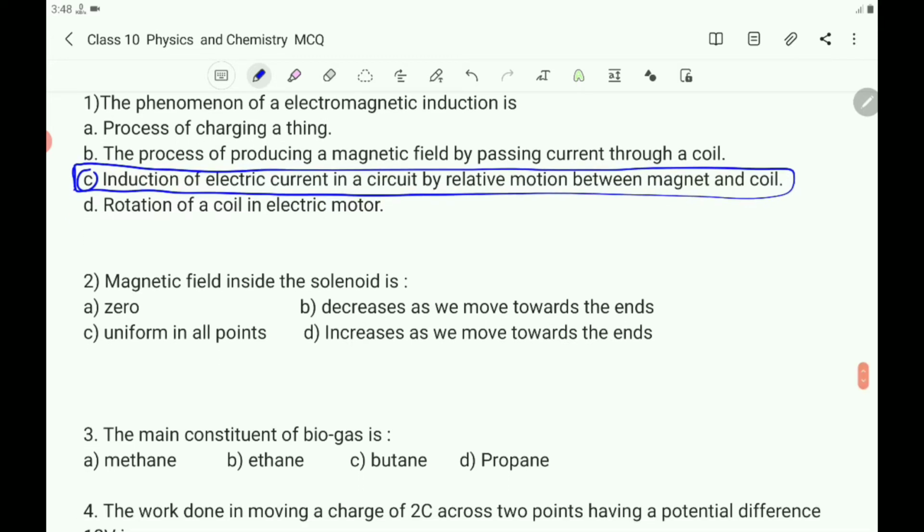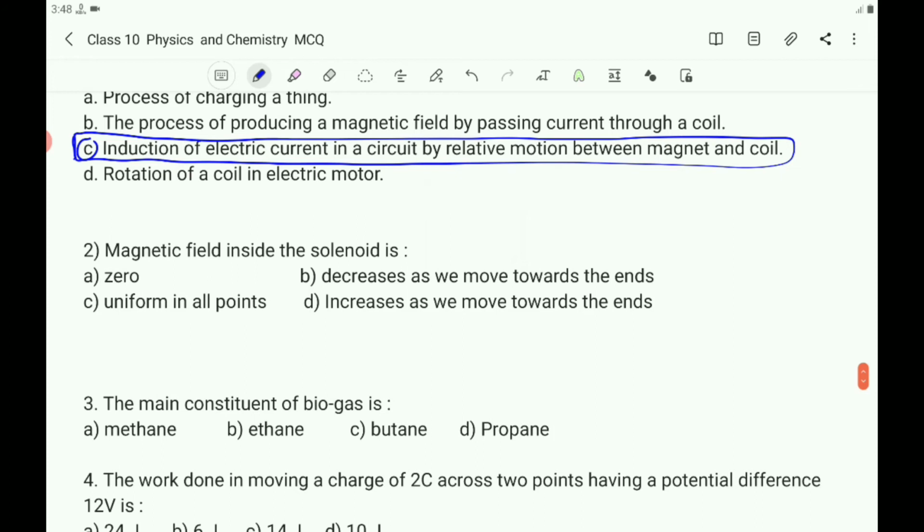Now the second question, magnetic field inside the solenoid. Options are: 0, decreases as we move towards the end, uniform at all points, increases as we move towards the ends.